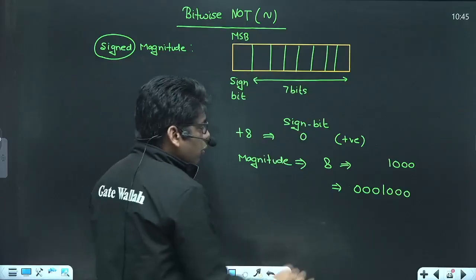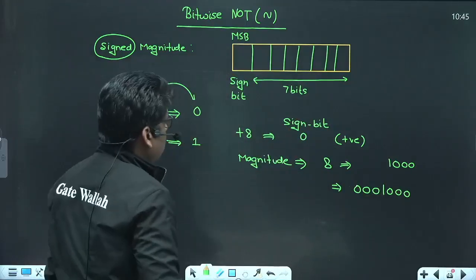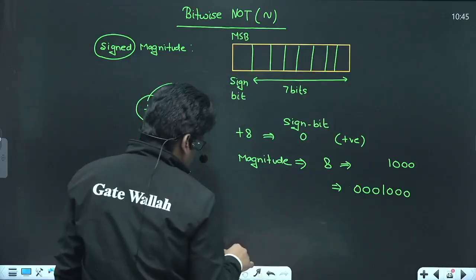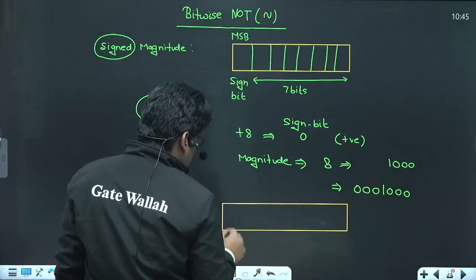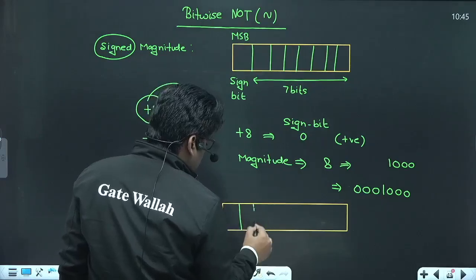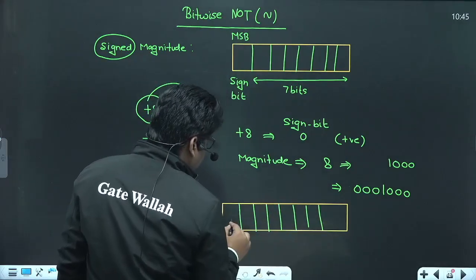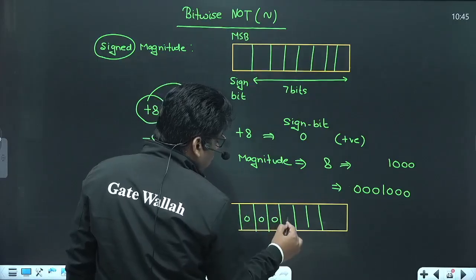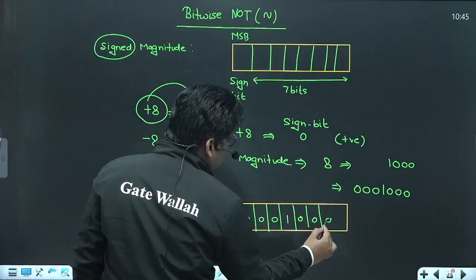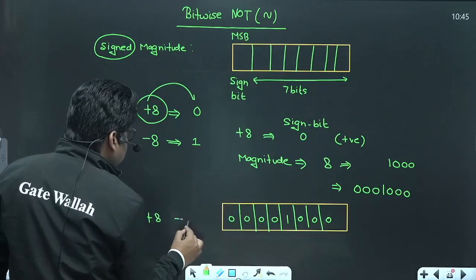So the magnitude is represented by 7 bits and 1 bit is reserved for the sign bit. So can I say for plus 8, it is 0, 0, 0, 0, 1, 0, 0, 0. So in computer, plus 8 is stored like this.